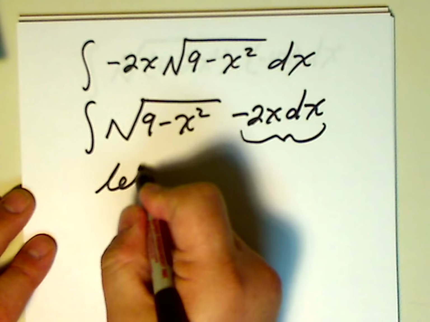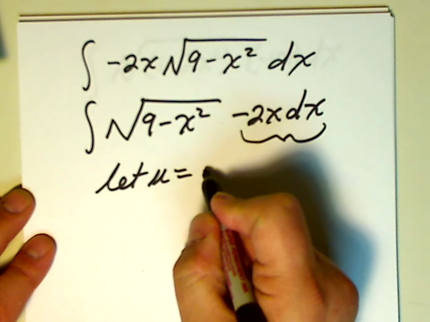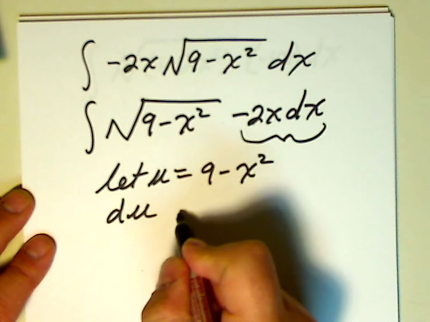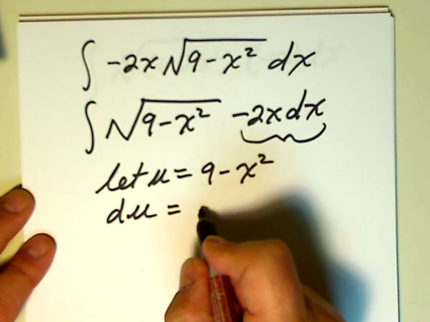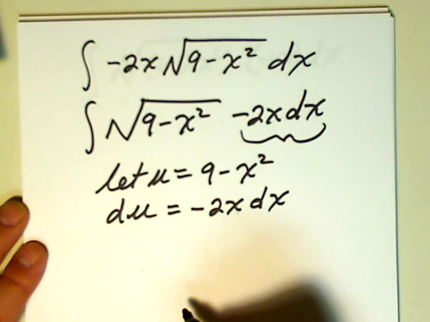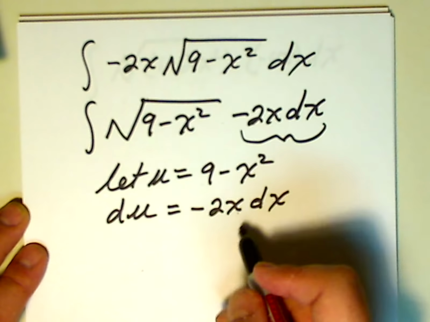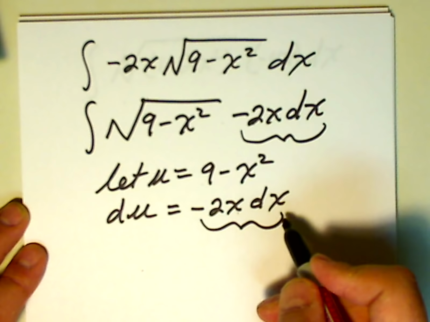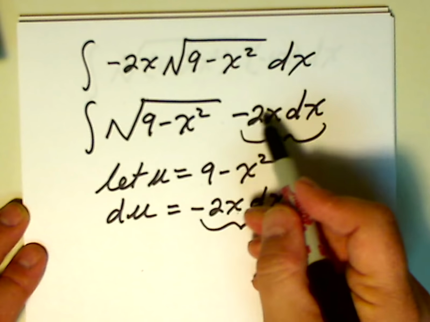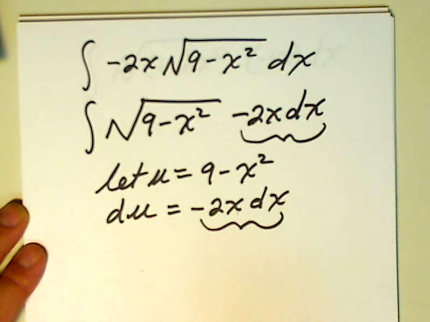So let's let u equal 9 minus x squared. Therefore, du is going to be equal to negative 2x dx. And we see that this negative 2x dx is hanging out here to the right side. So we're okay.